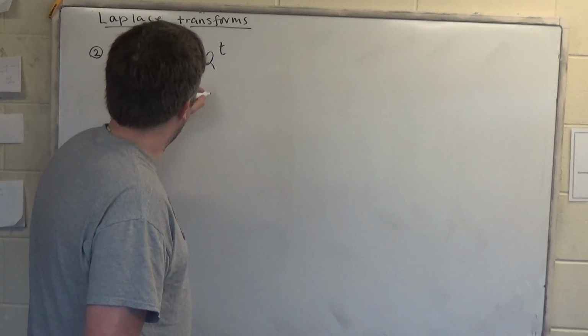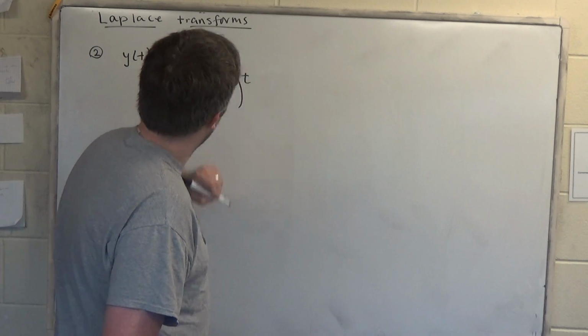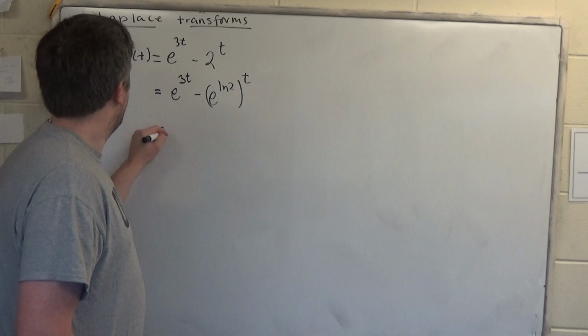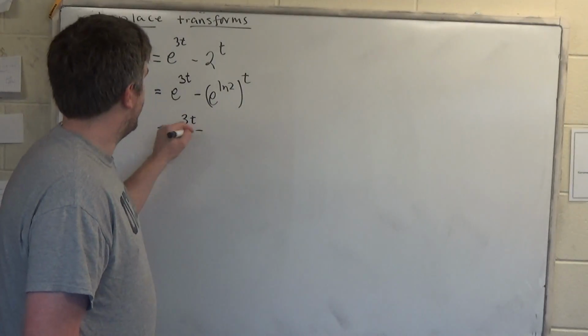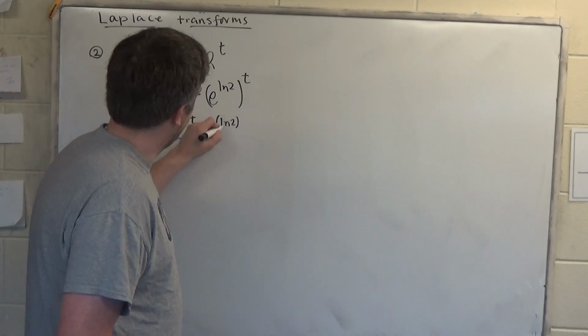So 2 is e to the log of 2. So we first write it as e to the log of 2 all to the t, and then we use our exponent rules to get e to the 3t. Nothing's happening there. Power to a power we multiply, so this should be log of 2 t.